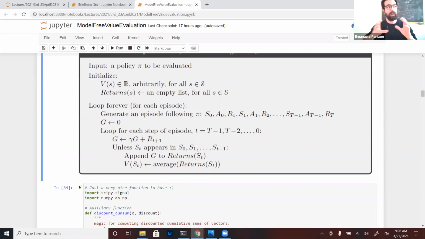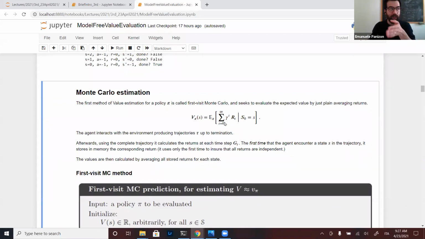And then at the end, I will have in memory associated to the state 0 a list of values which are the different returns which I found in the different trajectories: 3, 5, 5, then 6, 1. And then I know that the value is just the average of those numbers I found.